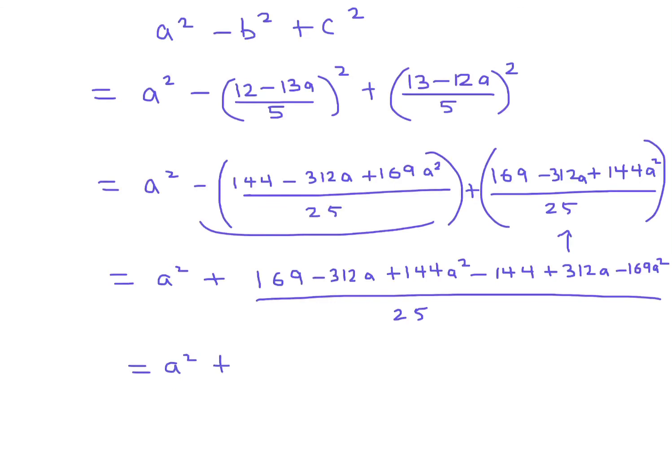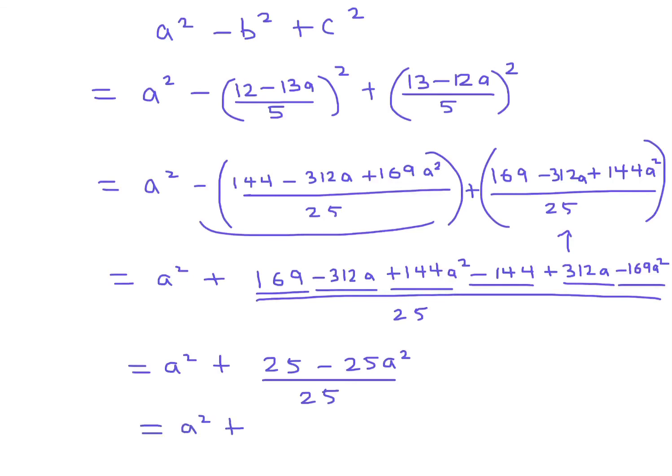Let's see how many things cancel. The 312s cancel. Anything else cancel? Nope. All right, 169 minus 144 is 25. 144 minus 169 is minus 25a squared. Okay.